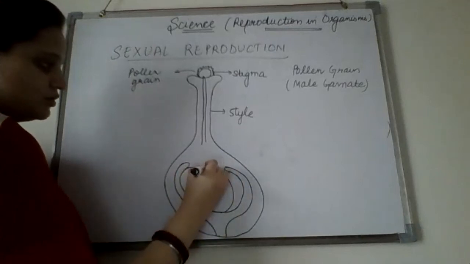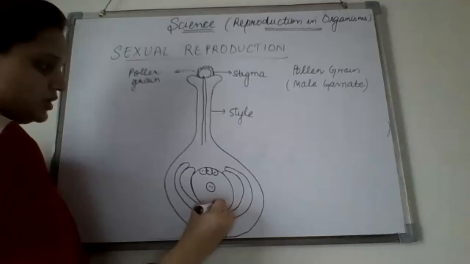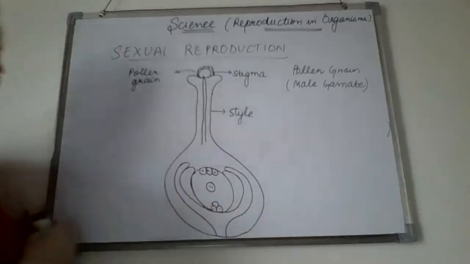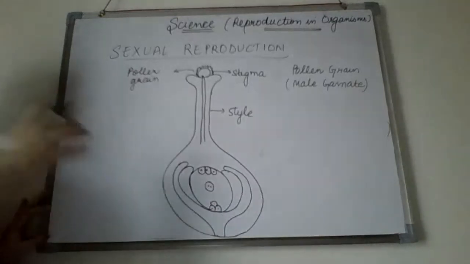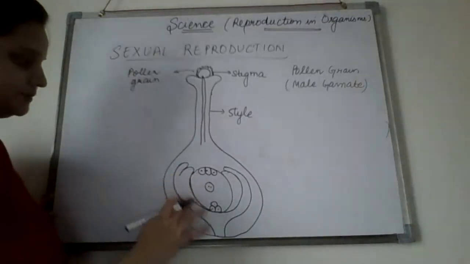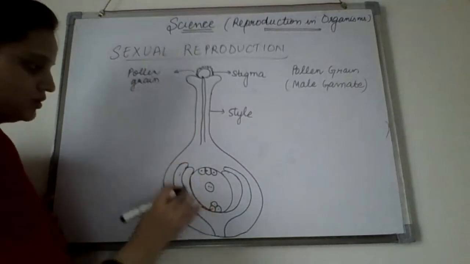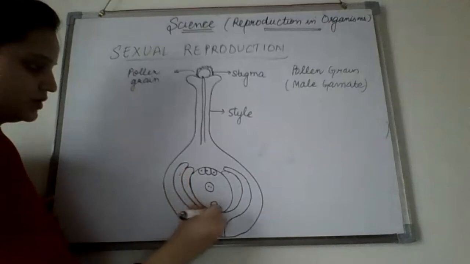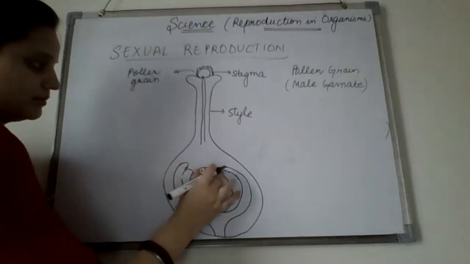So 1, 2, and 3. You also prepare like this. So make the diagram firstly, because you can be asked about the mechanism of sexual reproduction, so then you have to draw the diagram.